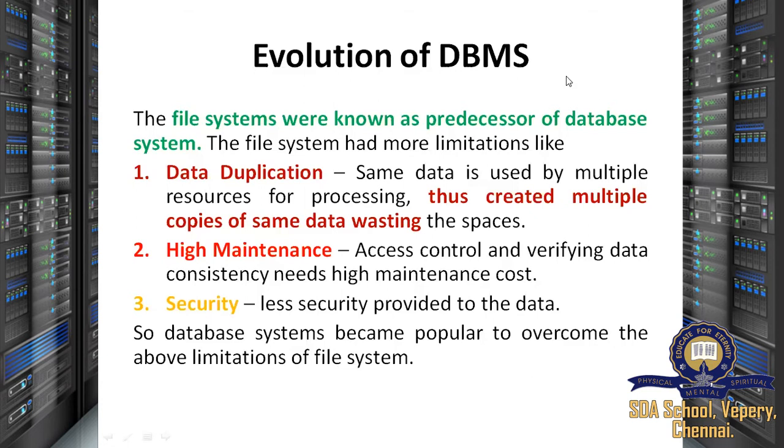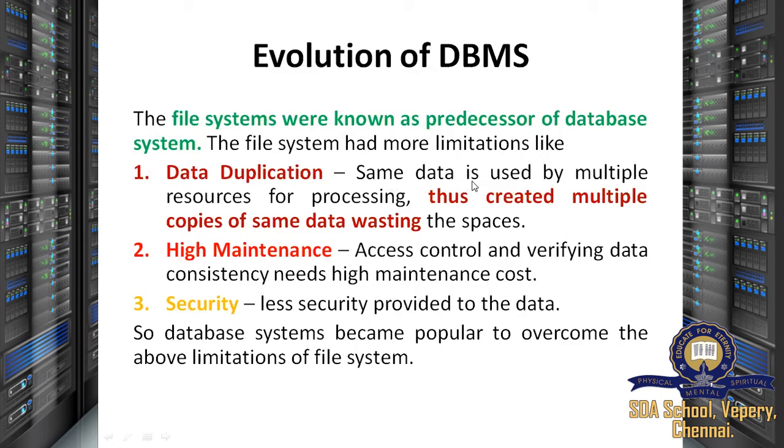These are some of the drawbacks of file system. Number one, they even call us disadvantage. Number one, data duplication, high maintenance, security. What is data duplication?